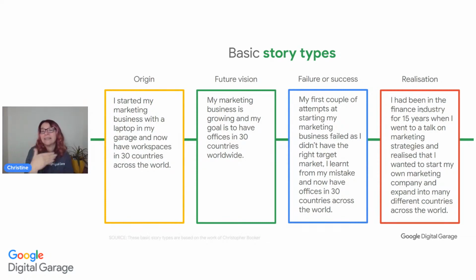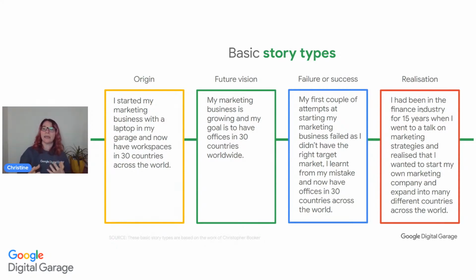Can you see that's the same facts presented in four slightly different versions? By changing slightly the order of the facts or the perspective of the person telling the story, you can highlight different elements in the facts and bring people in a slightly different way.